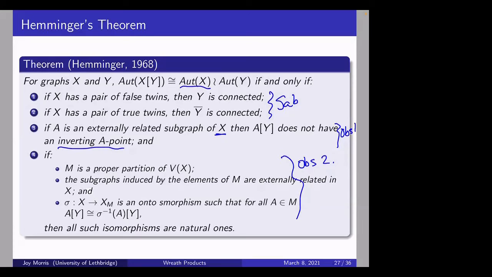Right? If we have an automorphism of X that takes a vertex V to a vertex W, but the copy YV is not isomorphic to YW, then that won't give us automorphisms of the lexicographic product.